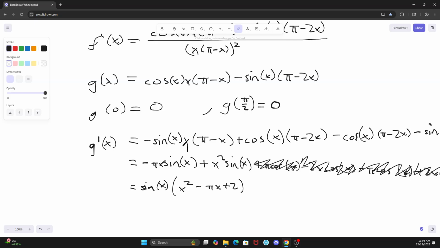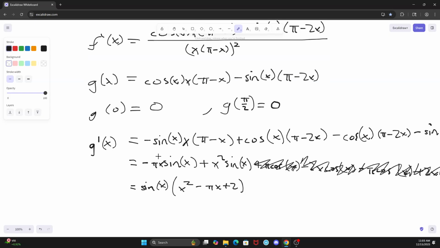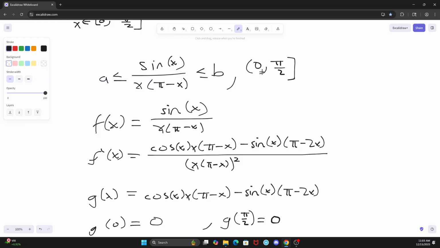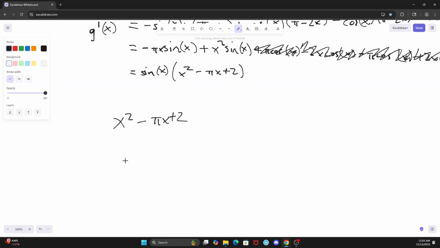And so again, we want to look at how g behaves. So looking at g prime, we again only really care about the sign. And from 0 to pi over 2, sine of x is always non-negative, so we can ignore that. And so we really only have to analyze x squared minus pi x plus 2 now. And right, so it will look something like this. So we'd like to find where these two roots are.